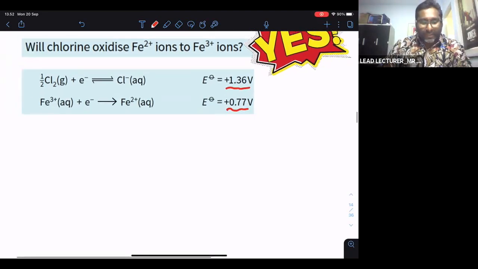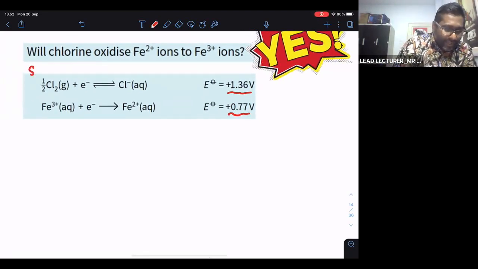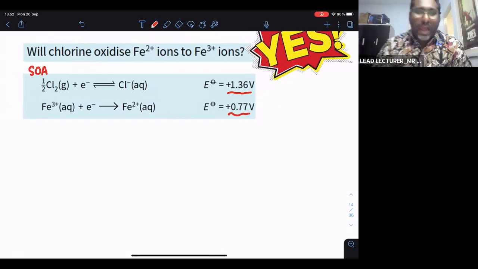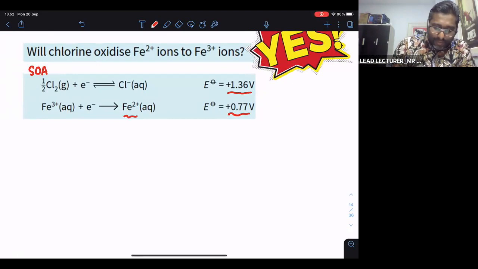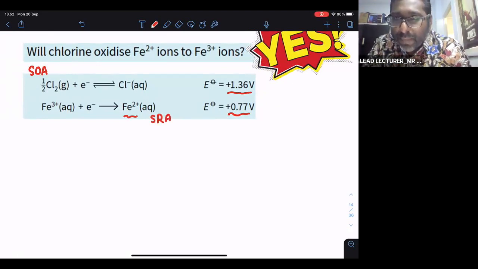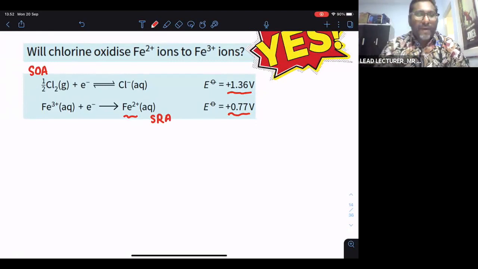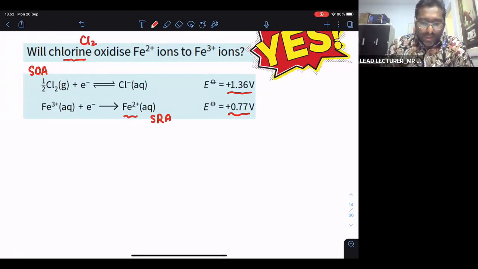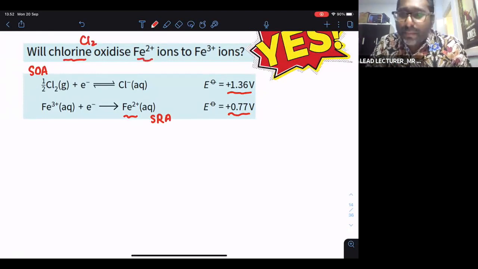And then according to the table just now, this is going to be the strong oxidizing agent, and I know this is going to be SRA, the strong reducing agent. If I have a question, can Cl2 oxidize Fe2+?